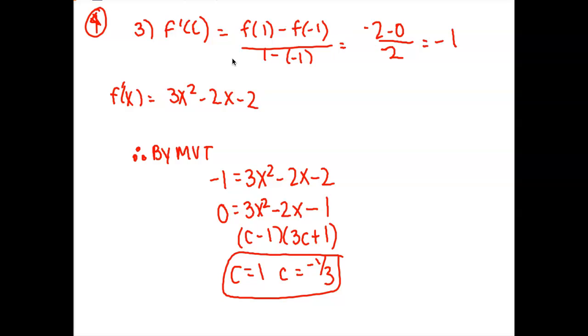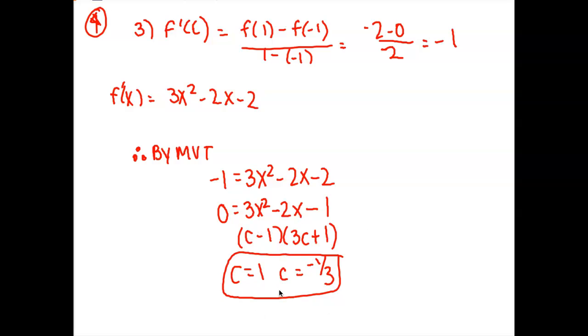So we find the slope of the secant and get that to be -1. We set -1 equal to our derivative, f prime. So by the mean value theorem, -1 has to equal 3x² minus 2x minus 2. And you could have written 3c² minus 2c minus 2 so that you saw these as the c values.